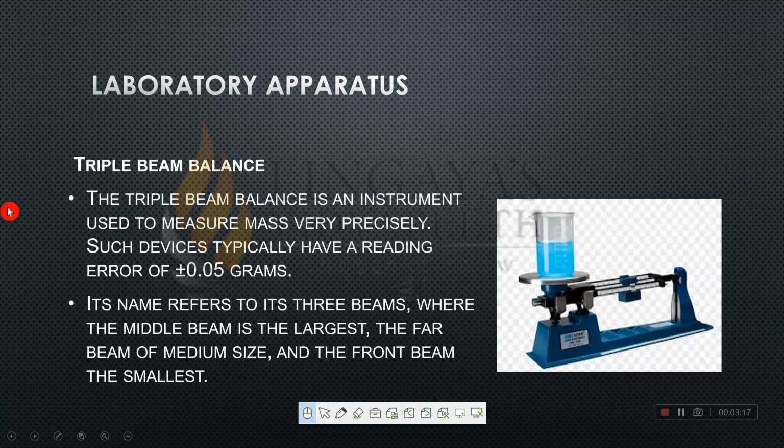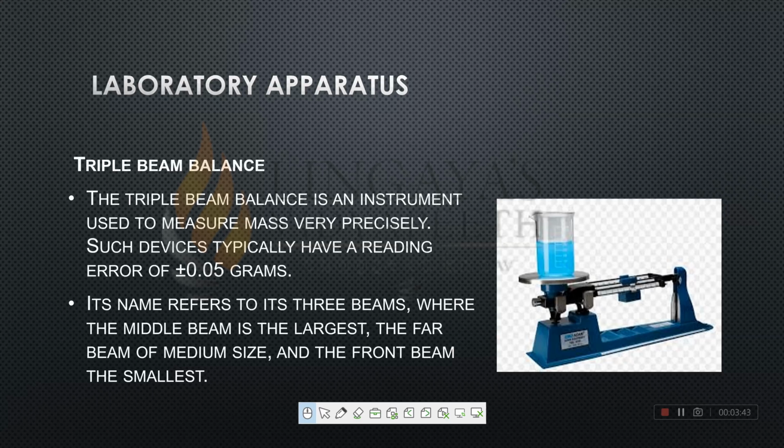Now talking about the triple beam balance. Triple beam balance is an instrument which is used to measure mass very precisely. It can give an error of only plus minus 0.05 gram, because it is very precise and accurate.